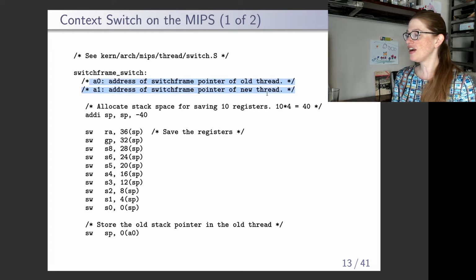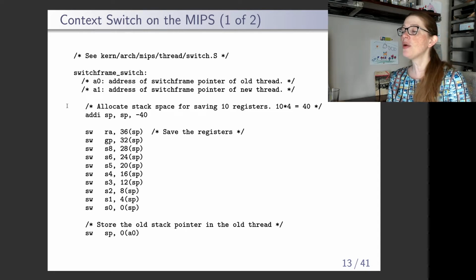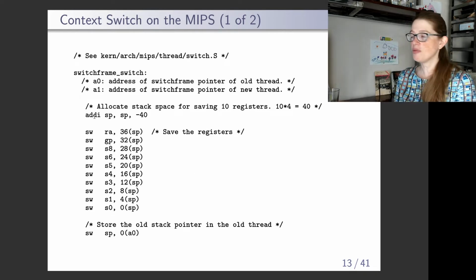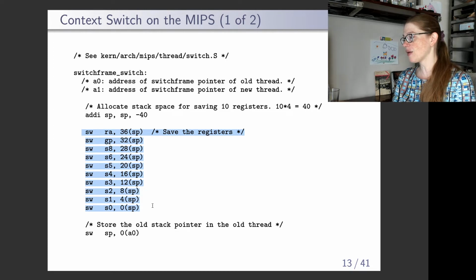So what we have here is in our registers, A0 is the stack of the old thread and A1 contains the stack of the new thread. So then what we're going to do is make some space on our old thread's stack, that is, we're going to move our stack pointer, and then we're going to save our remaining registers onto that stack, which is pretty cool, right?